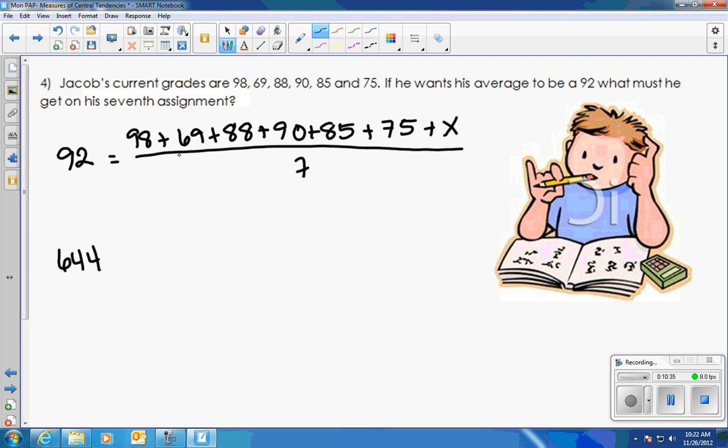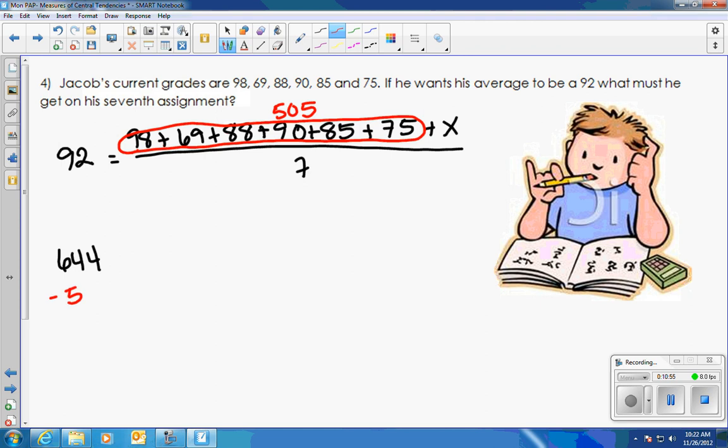And then I need to figure out what all of these added up is. So 98 plus 69 plus 88 plus 90 plus 85 plus 75 gives me 505.